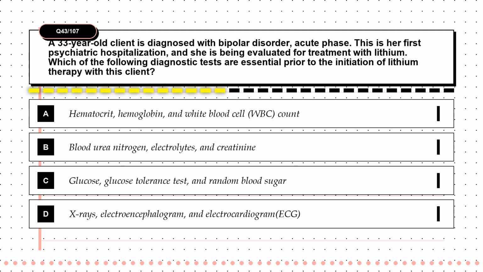Option A, hematocrit, hemoglobin, and white blood cell WBC count. Option B, blood urea nitrogen, electrolytes, and creatinine. Option C, glucose tolerance test and random blood sugar. Option D, X-rays, electroencephalogram, and electrocardiogram ECG.